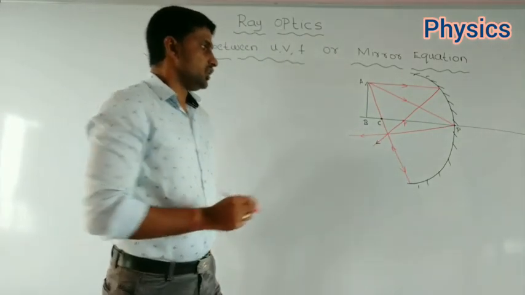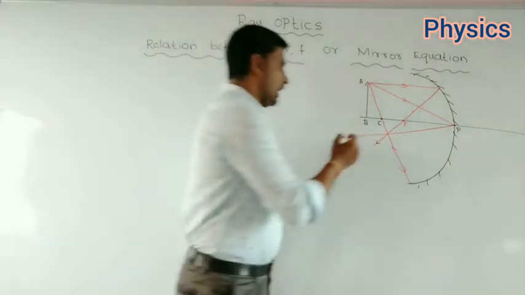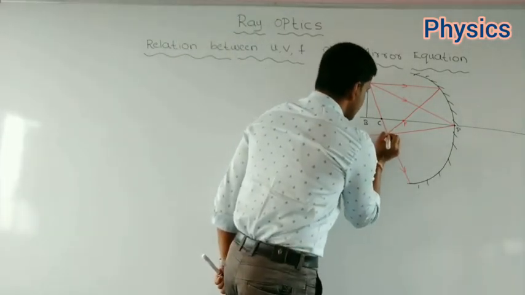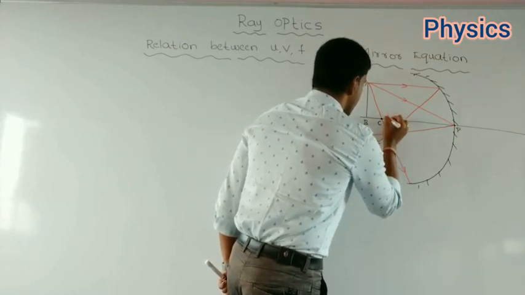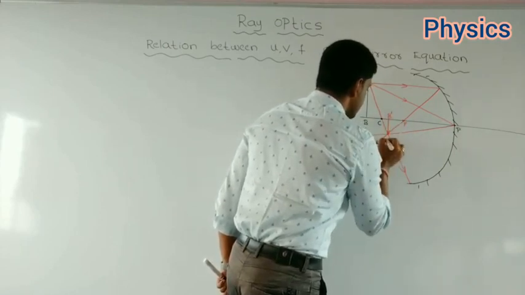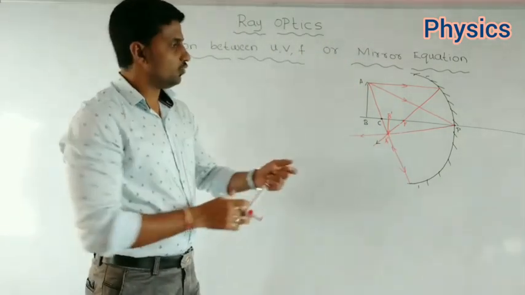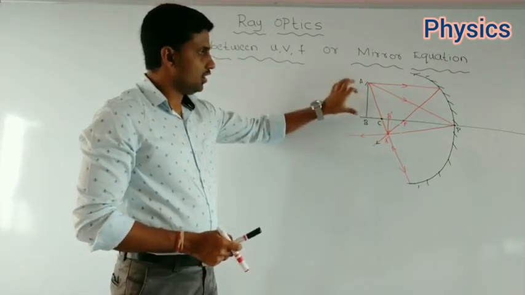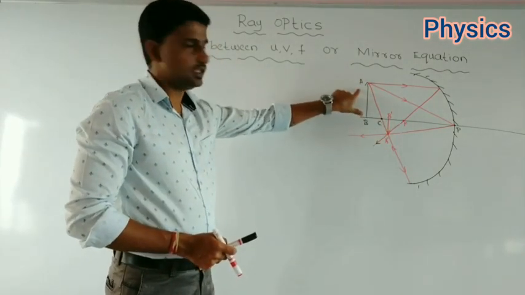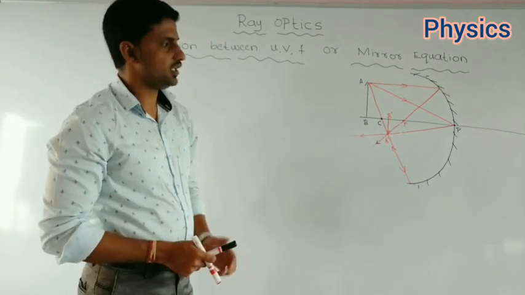So all three rays will meet at this point and I am getting the image here. Here I am getting a real image, but it is an inverted image. If you observe the object and image, the object is an erect object and the image is an inverted image.